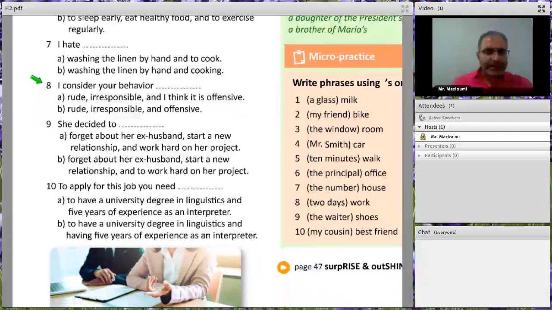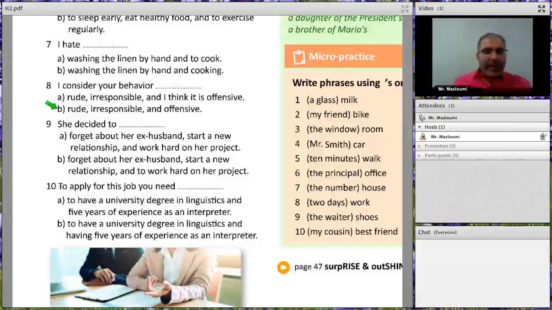Number 8. I consider your behavior, B is the correct answer, rude, irresponsible, and offensive. So, rude, irresponsible, and offensive are adjectives, so parallel structures.